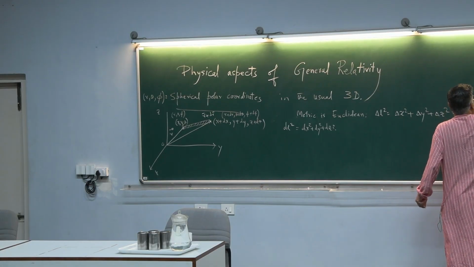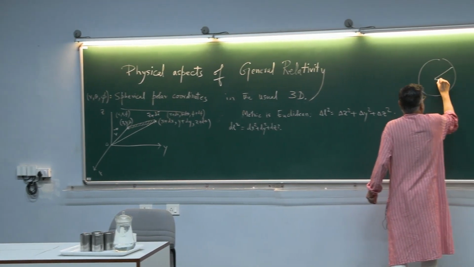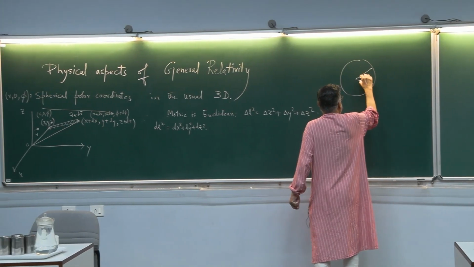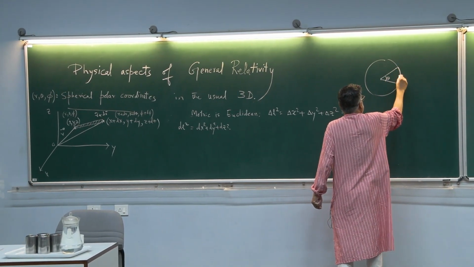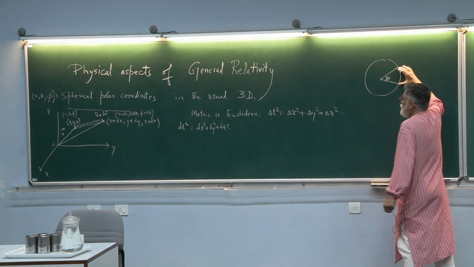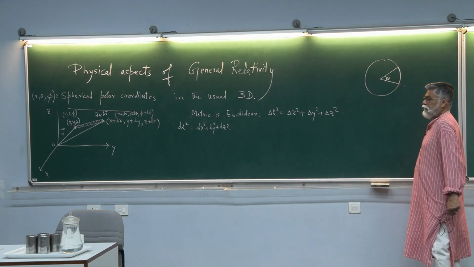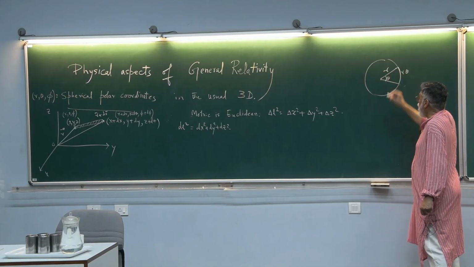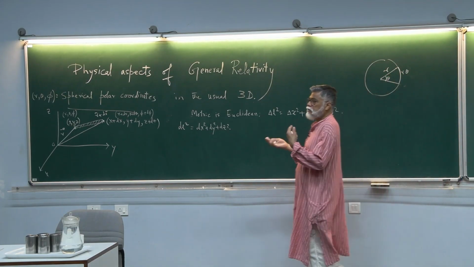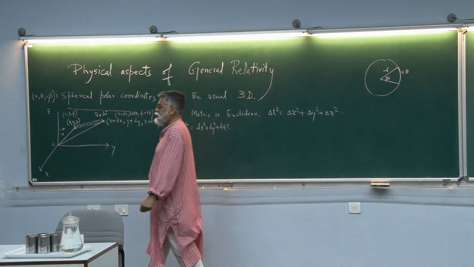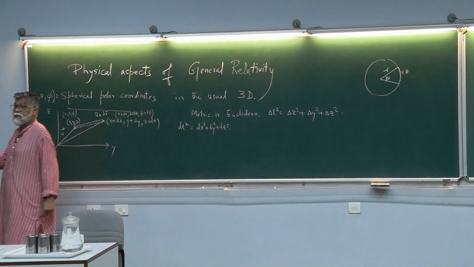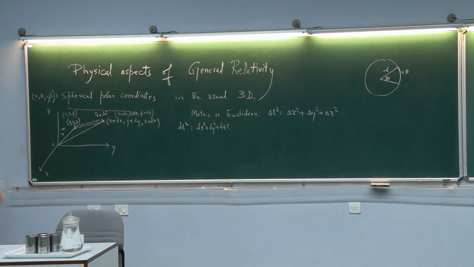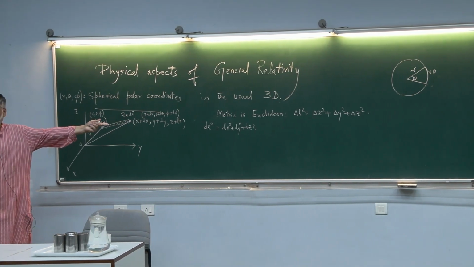If you take the circle, then if you take angle theta, how do you get this angle theta? This is nothing but this length divided by r, because this is simply r theta. So angles are always ratios of distances. So angles are dimensionless, and therefore dr square plus d theta square plus d phi square is a meaningless quantity, and it can't be the distance.